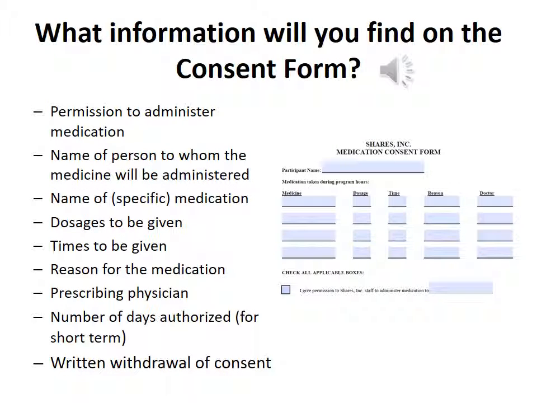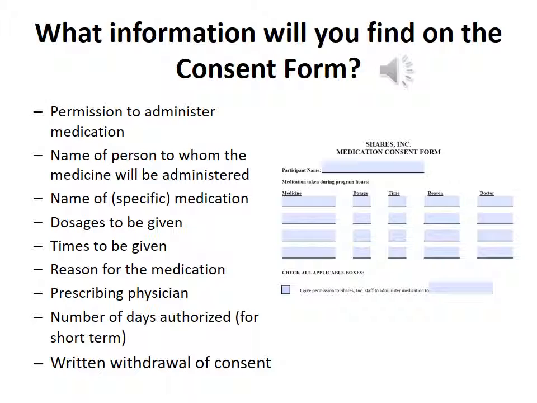What information will you find on the consent form? You're going to find information like permission to administer the medication, the name of the person to whom the medicine will be administered. The specific name of the medication should be listed on there. So we're looking for names like Tylenol, aspirin, ibuprofen. We don't want general things like pain reliever or antacid.